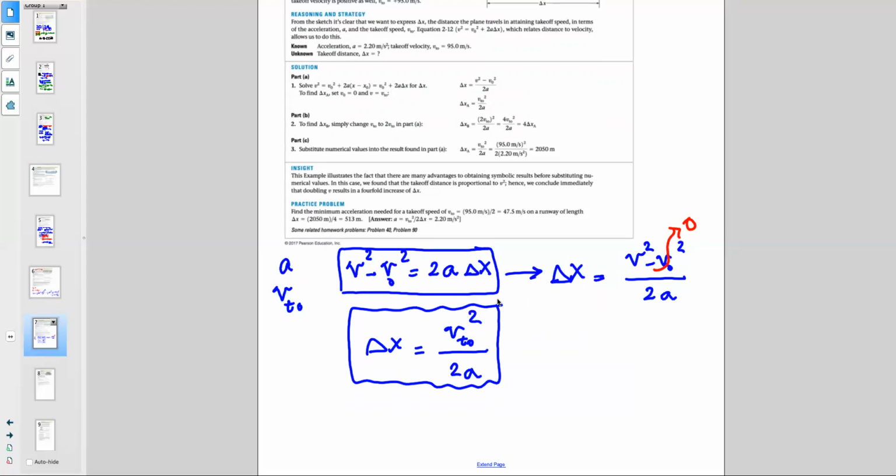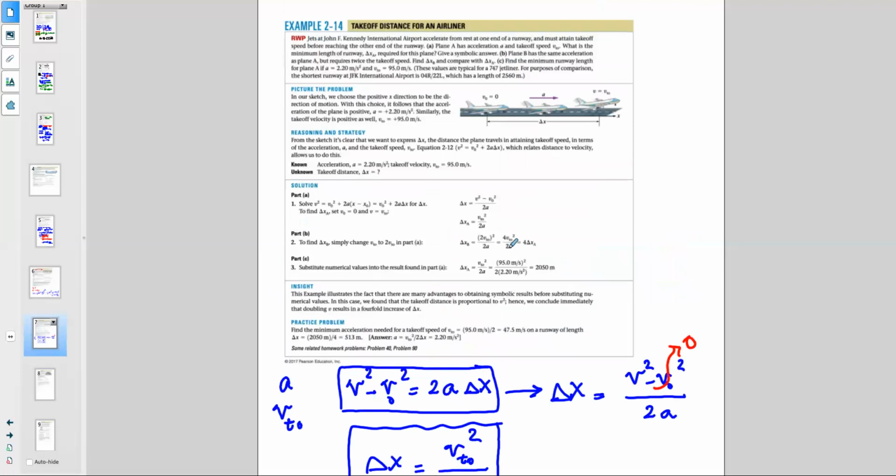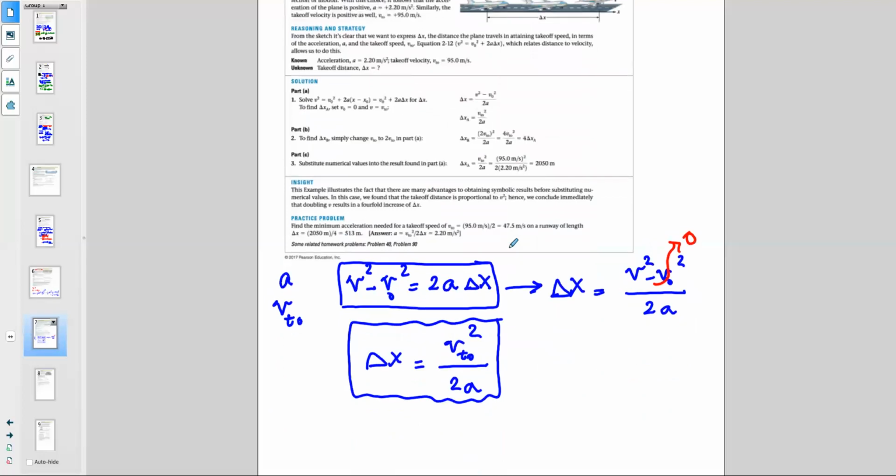Now, let's take a look at part B of the problem. It says plane B has the same acceleration, so a is the same, but requires twice the takeoff speed. So whatever you put before for v of takeoff, you need to double it. You need to multiply it by 2.